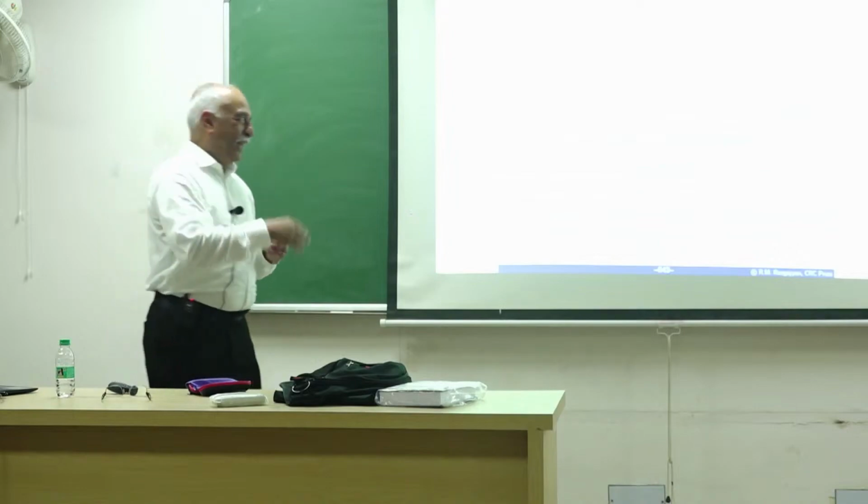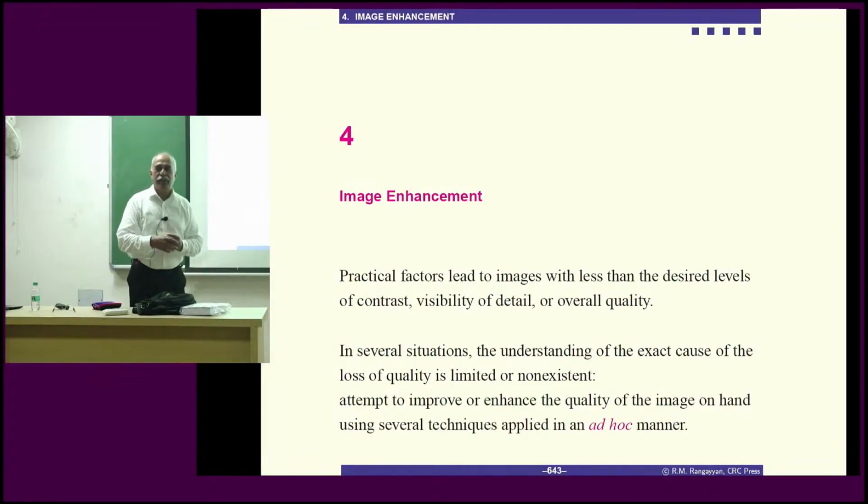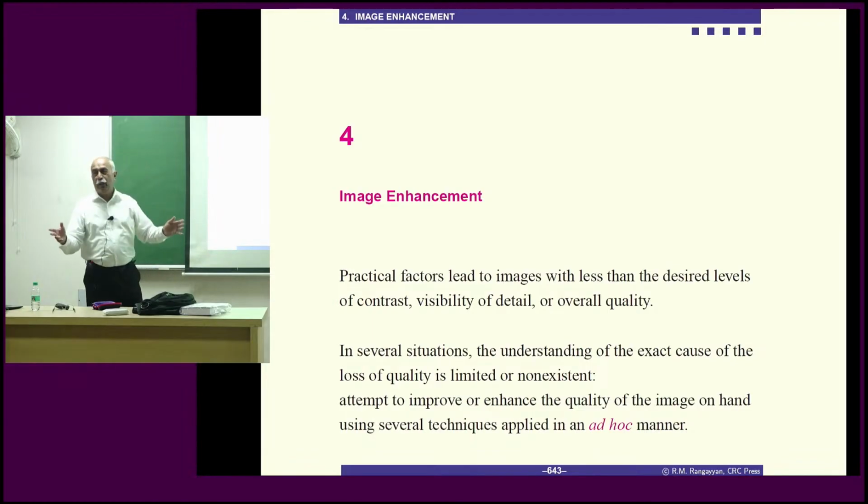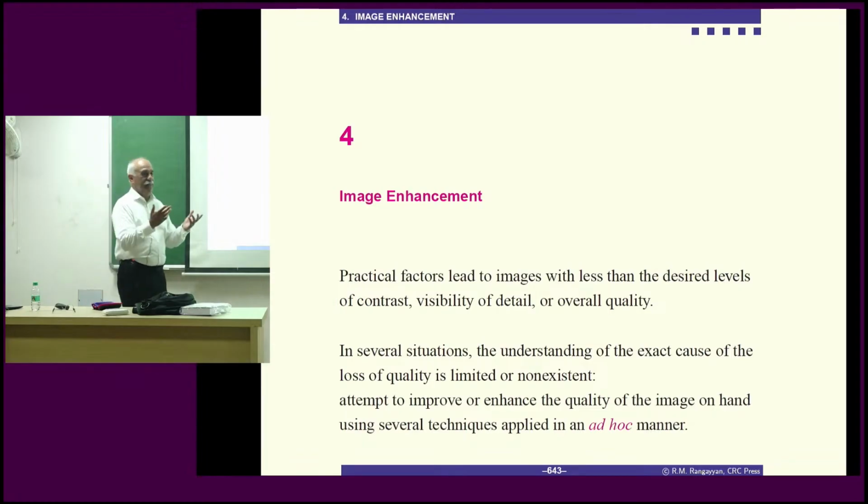You cannot blast the patient with more and more X-ray photons or inject more of the radionuclides or take the picture over a longer period of time or make the patient stay in the MR scanner for longer. There are limitations there, and you always sacrifice. Patient safety and well-being comes first. If you get a poorer image, then you have to deal with that. So what happens? You get less than the desired levels of contrast, visibility, of detail, or quality.